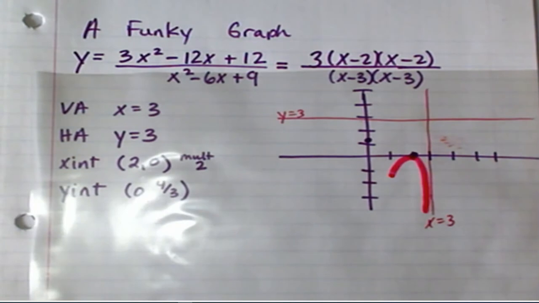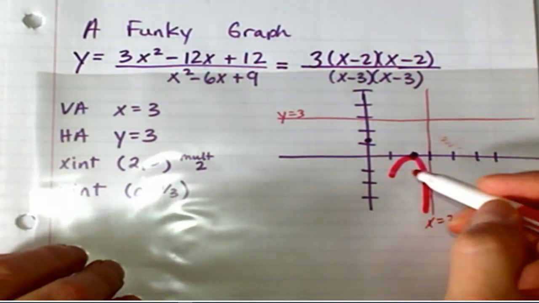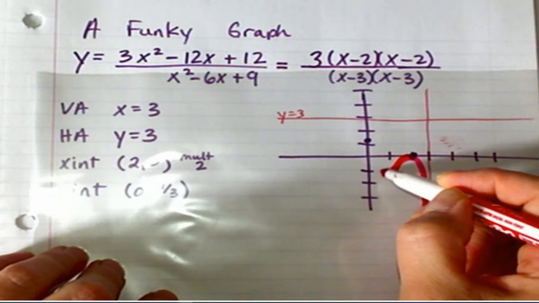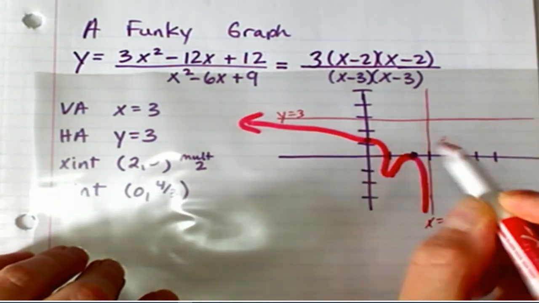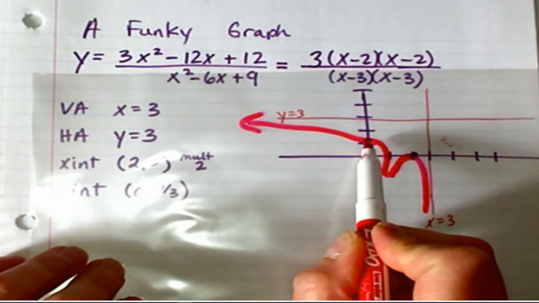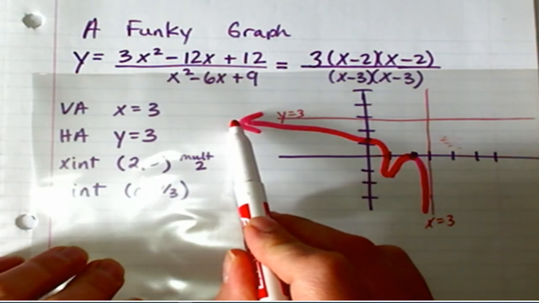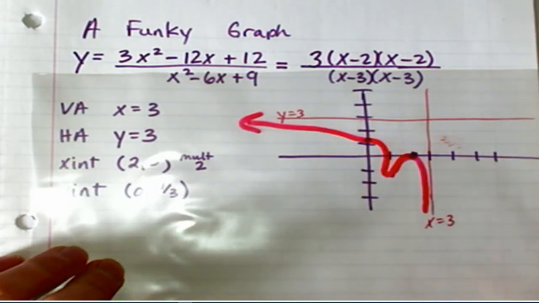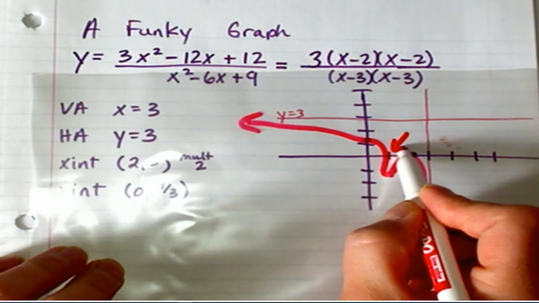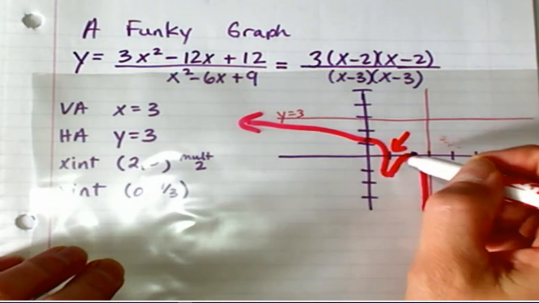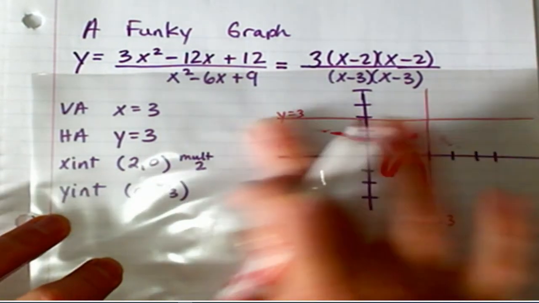So somehow I have to get this graph to go back up towards my y-intercept and towards the horizontal asymptote. But you're not allowed to touch the x-axis anywhere except this point. So it's a little funky.